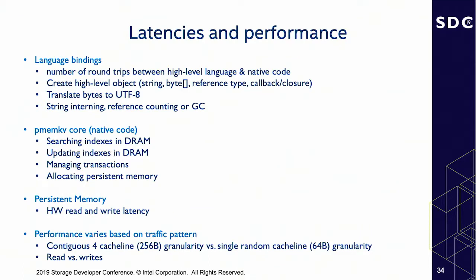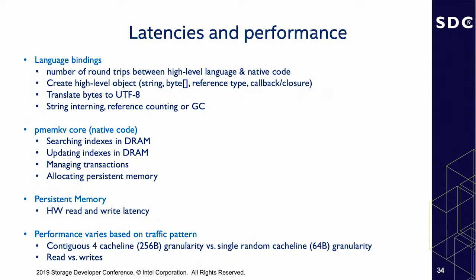But inside of our core, our pmemkv core, we do a lot of movement and creating data structures in DRAM, again for performance. This is stuff that's completely transparent to the caller, but it actually gave us quite a bit of performance. We're, of course, very aware of persistent memory. We know a lot about it since that's what we work on.